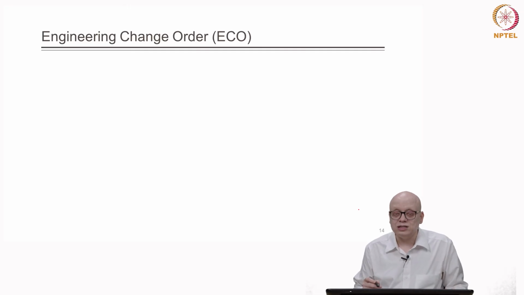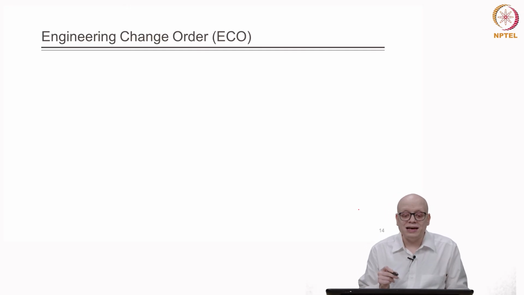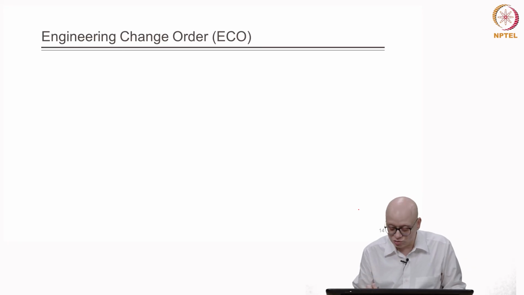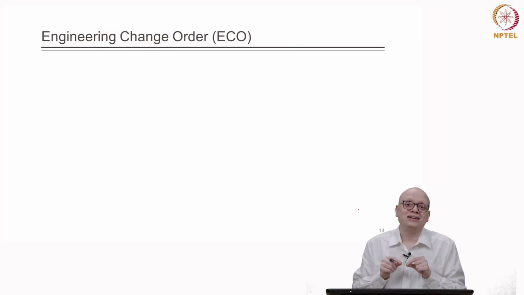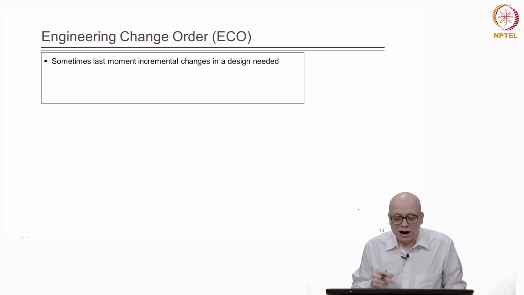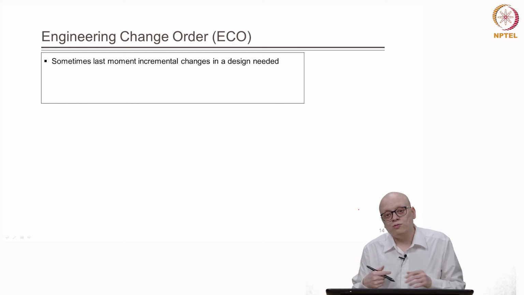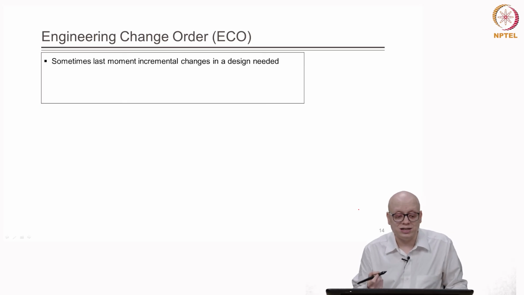Now, what is ECO? ECO stands for engineering change order, right. This is a mechanism through which we introduce controlled changes in our design. So, when will we need to carry out these controlled changes or ECO changes?